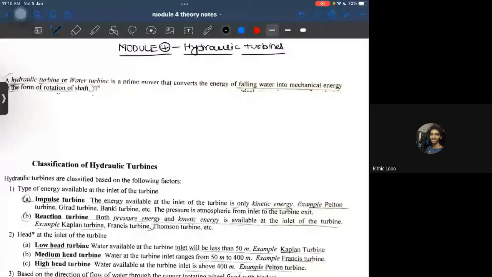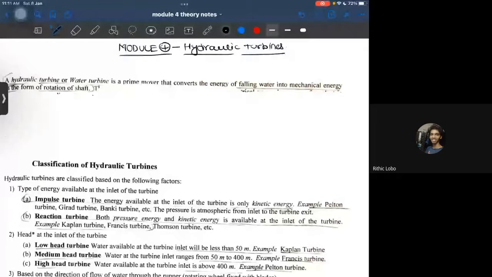The main difference between steam turbines and hydraulic turbines is that in a steam turbine you use steam as the fluid which energizes the turbine. Here, plain water is used to rotate the turbine wheel.